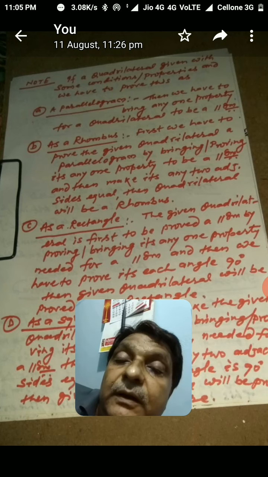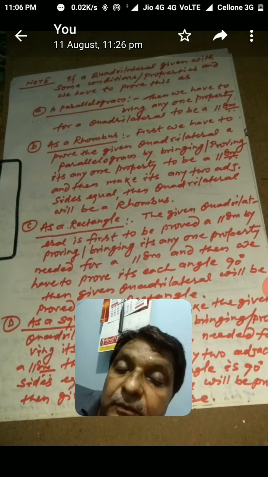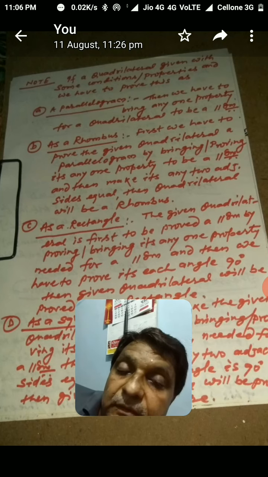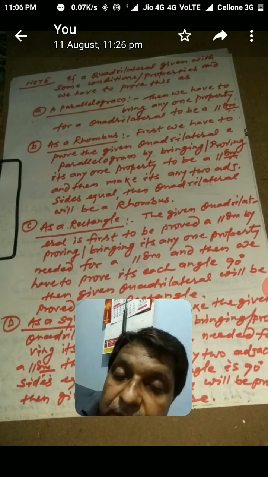Then what will be the stepwise concept in proving the given quadrilateral as a parallelogram, rhombus, rectangle, or square? So let us discuss one by one.